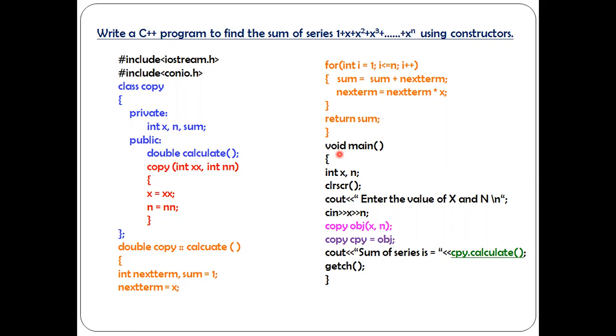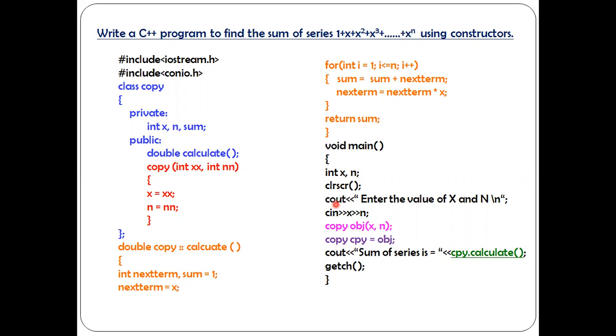Now, the C++ program execution starts from which particular line? Void main function, as everyone is aware of this. Void main function, open flower bracket. Two variables are used here, x and n. X and n are two variables of integer data type. Then comes clrscr, that is nothing but the clear screen function.